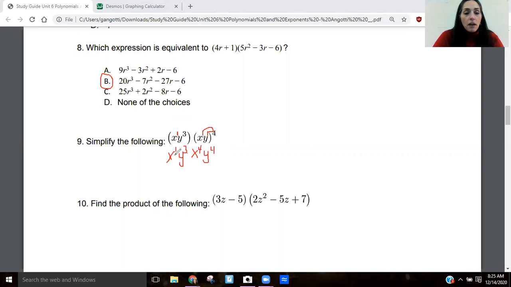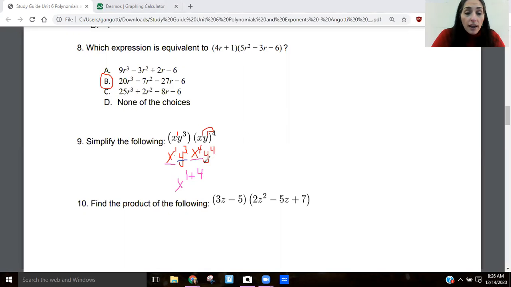Okay. All right. So now you're still not done because we could simplify this some more. You have x's right here and right here. And when you're multiplying, you keep the base and you add the exponents. So it'll become 1 plus 4. And then you also have some y's.